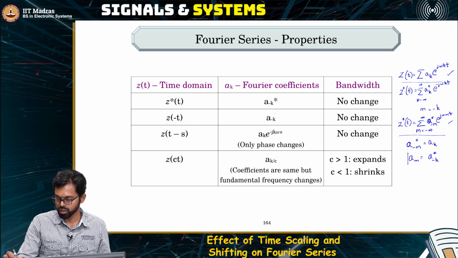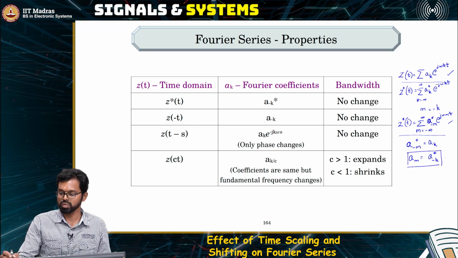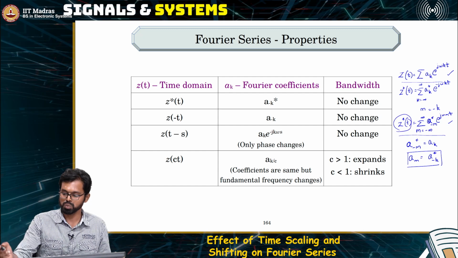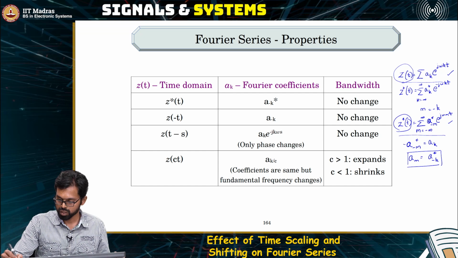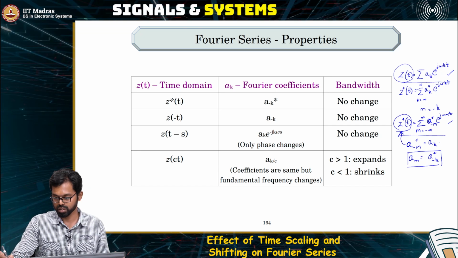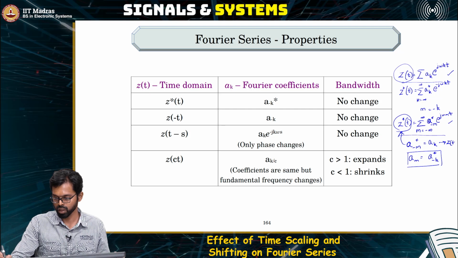So now we get the Fourier series coefficient of z star of t in terms of the Fourier series coefficient of z of t.